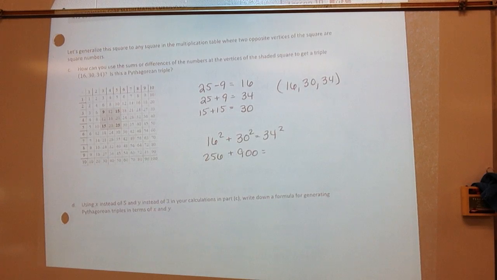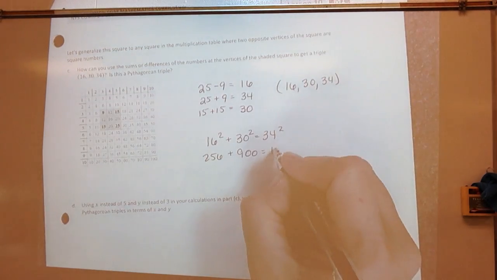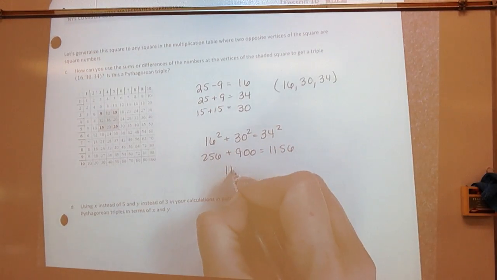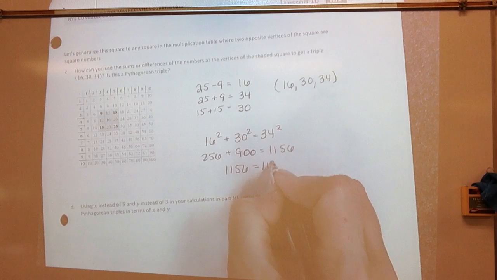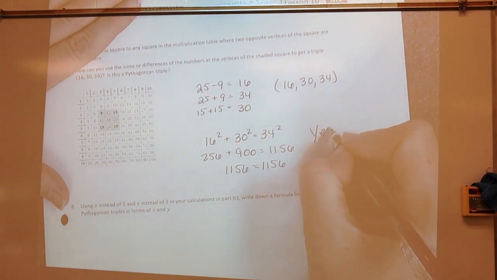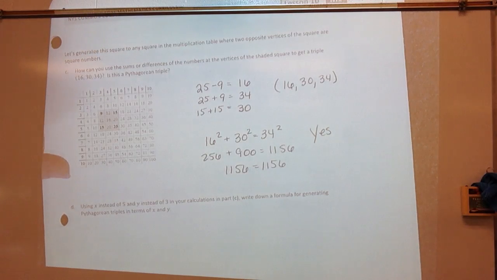So 34 squared is 1156. If I add these together, guys, I get 1156 is equal to 1156. So yes, it is a Pythagorean triple.